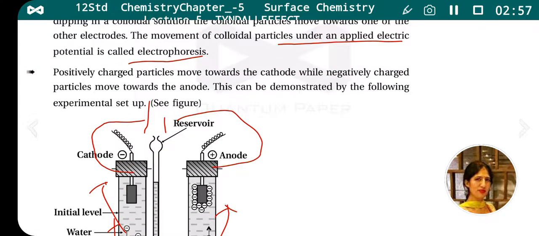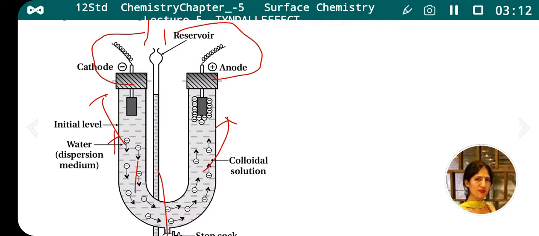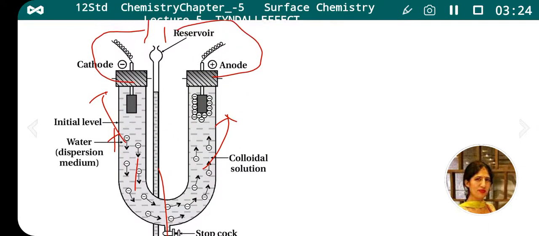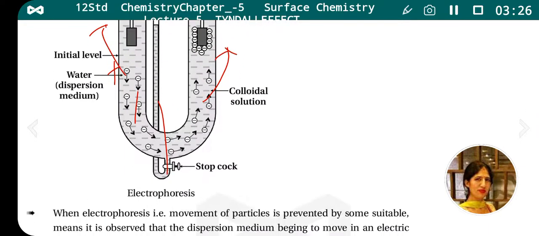This can be demonstrated by this experiment setup: positively charged particles move towards the cathode, while negatively charged particles move towards the anode. This diagram might sometimes be asked as a 2 marker in your board exam also, so draw the diagram and explain it. Once it is clear, it will be easier for you. So this is the setup for electrophoresis.